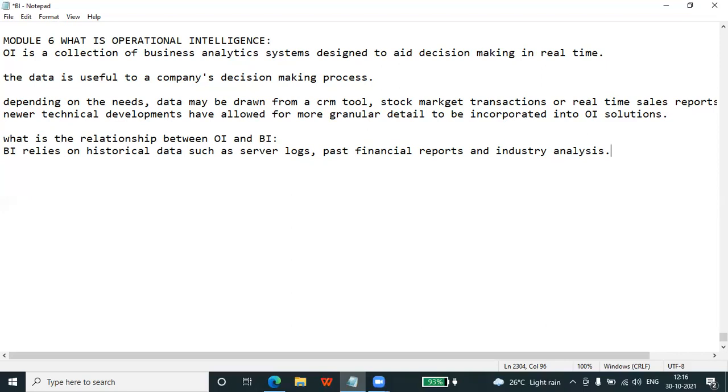On the other hand, operational intelligence tools are designed to be run in real time, using information as it's recorded to constantly improve analytics.